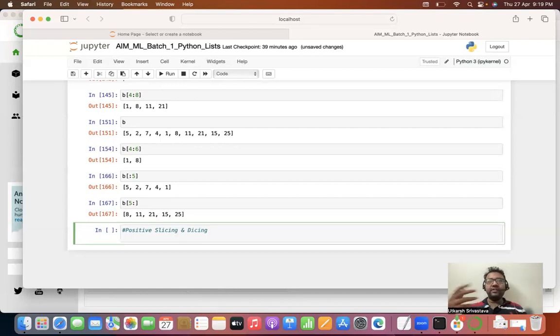Now, what do you understand by dicing? You all are Indians. You must have played Ludo, Snakes and Ladders when you were very young, 6 or 7 years old or 5 years old.